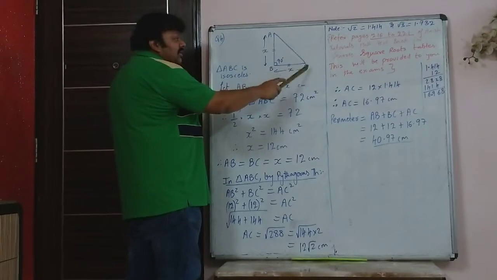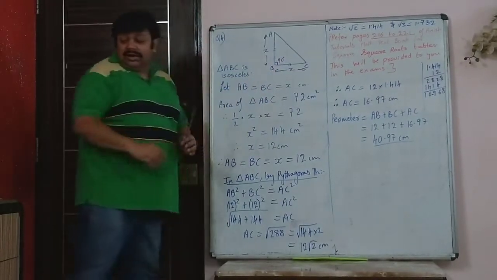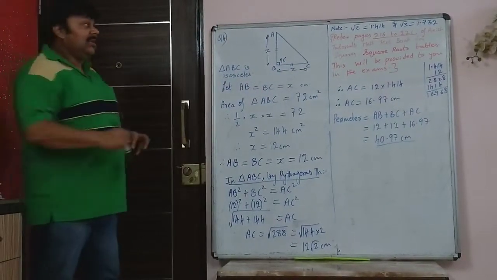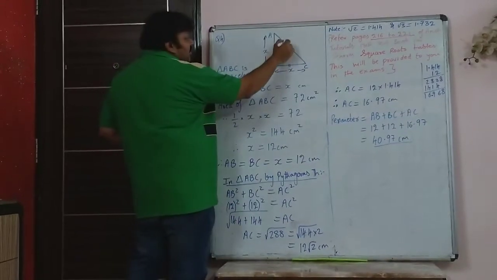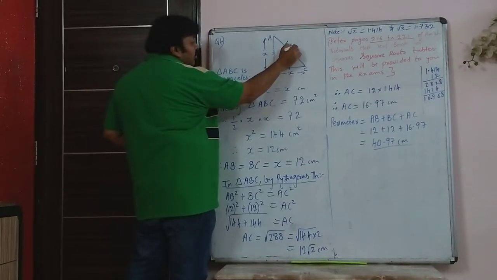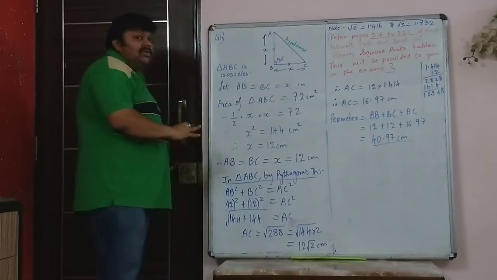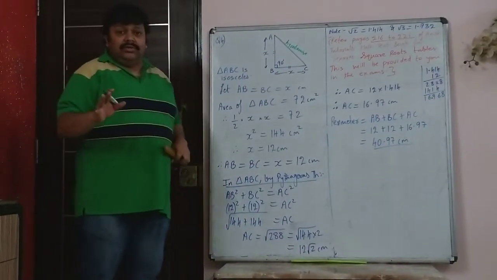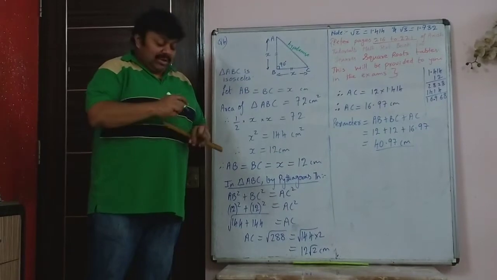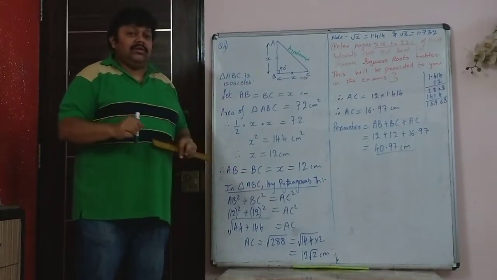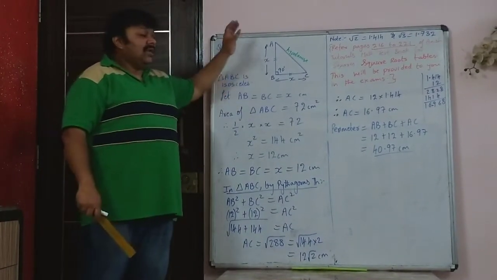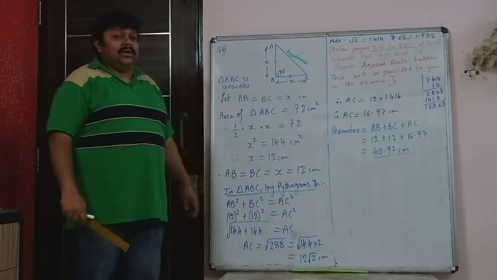The side opposite the 90-degree angle will be the longest side. So AC is also called the hypotenuse. You have hypotenuse and Pythagoras theorem only in right angle triangles. You cannot apply Pythagoras theorem to any other triangle.